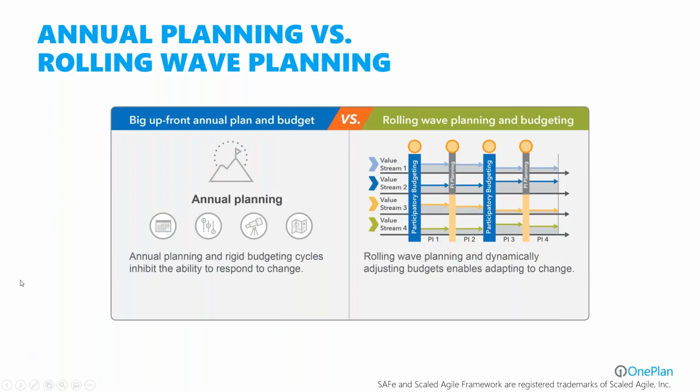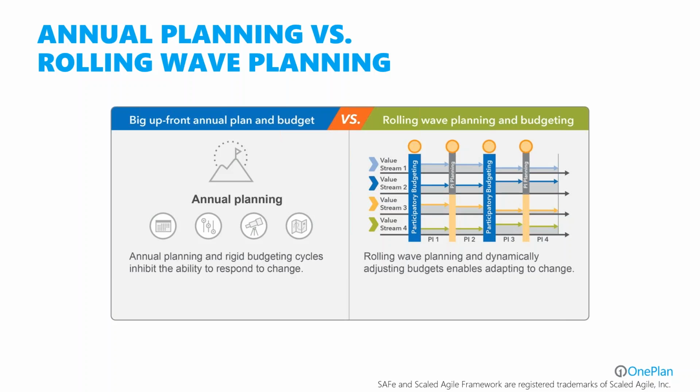Another big shift with LPM thinking for business agility is moving from annual planning to rolling wave planning. And in fact, LPM has very specific recommendations on cadence for this. And I've tried them, and I'm very pleased with how this works.